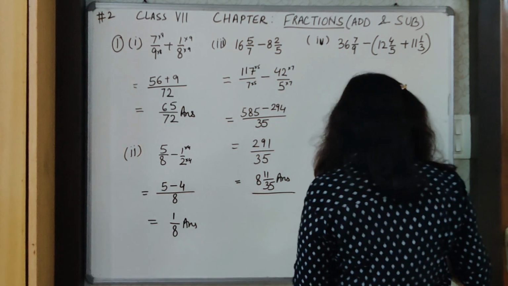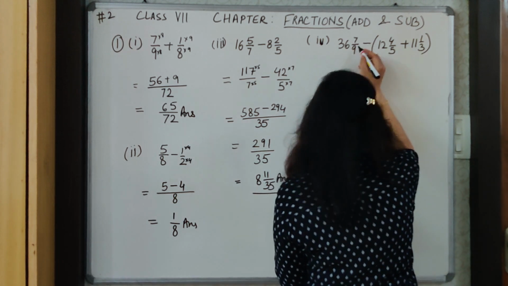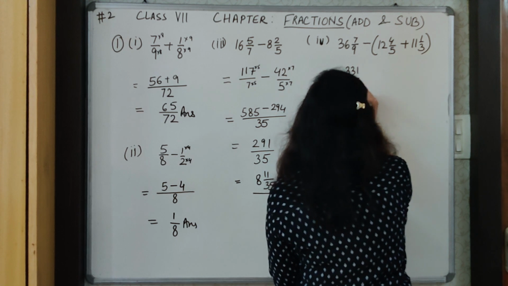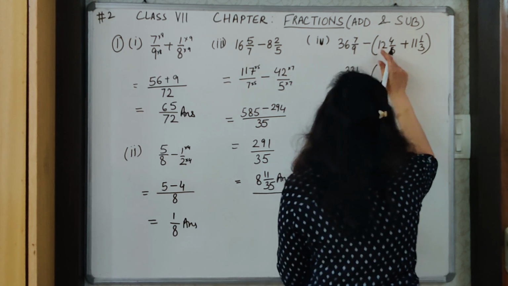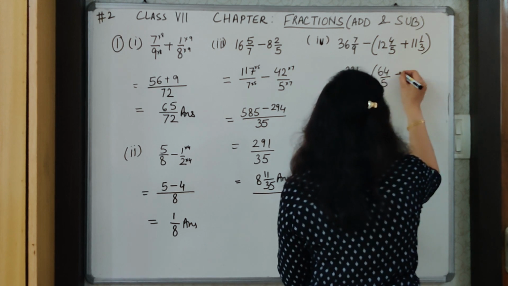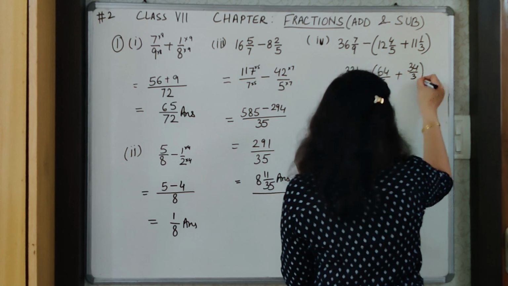So if I begin to convert this question, 36 into 9 plus 7 will give me 331 upon 9 minus 12 5s are 60 and 4, 64 upon 5 plus 34 upon 3.